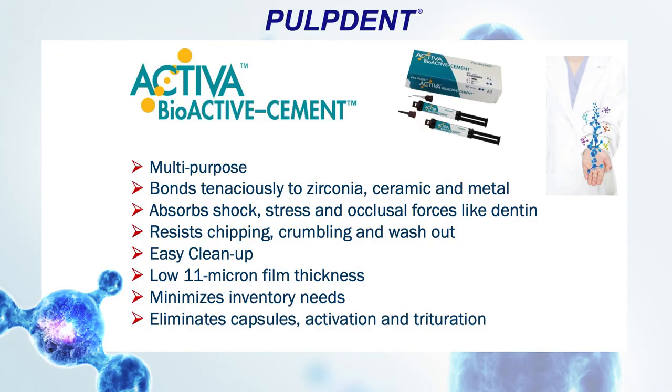It bonds well to zirconia, high-strength ceramic, metal. It also has a component in the shock-absorbing area because of the rubberized urethane to help reduce stress and occlusal forces on the cement. It resists chipping and crumbling and washout. Easy cleanup, low film thickness. And because it's a dual barrel syringe, it eliminates capsules, activation, and trituration.